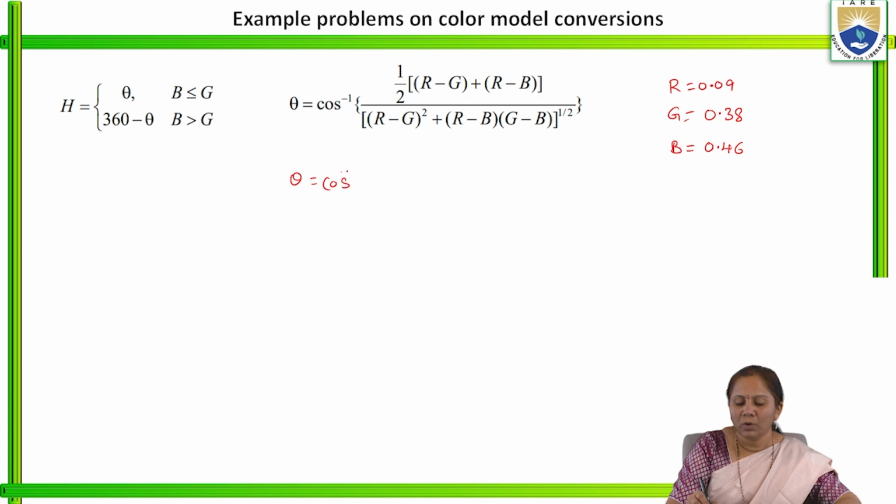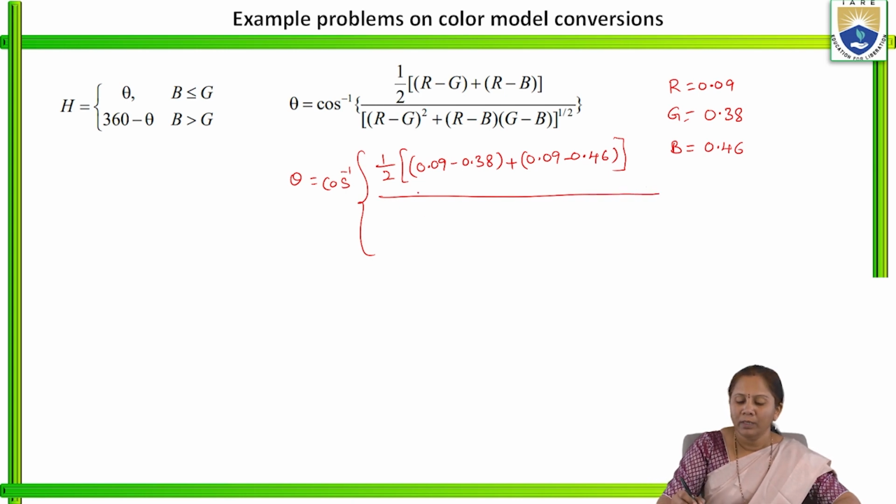So theta is equal to cos inverse of 1 by 2 into (R minus G), that is 0.09 minus 0.38, plus (R minus B), that is 0.09 minus 0.46, divided by, here it is power 1 by 2, so we can simply write it as root of (R minus G) whole square, 0.09 minus 0.38 whole square, plus (R minus B), 0.09 minus 0.46, into (G minus B), so here 0.38 minus the value of B, 0.46.